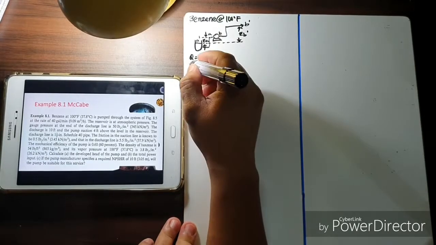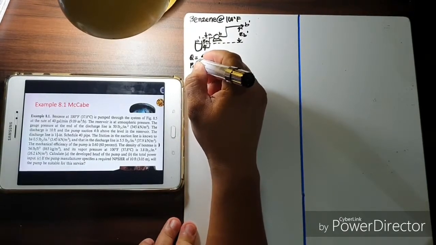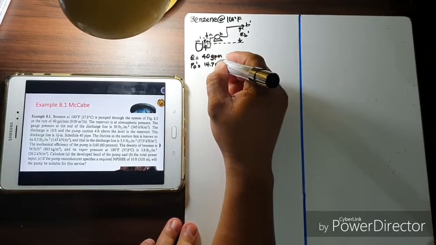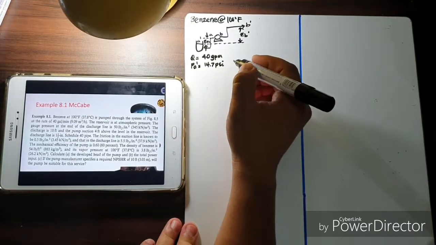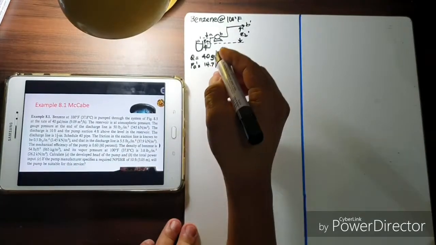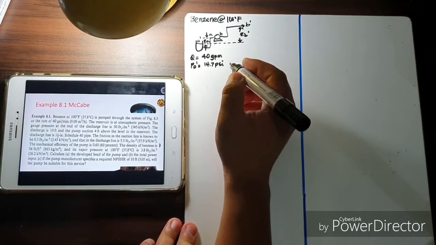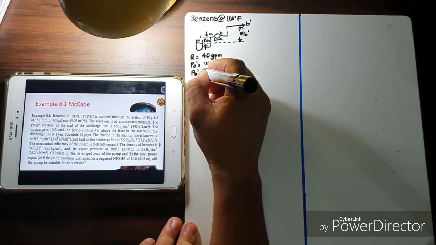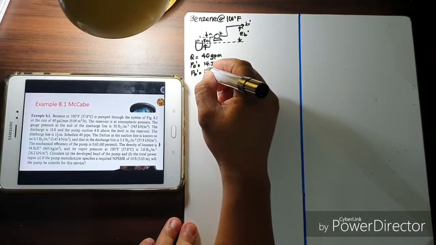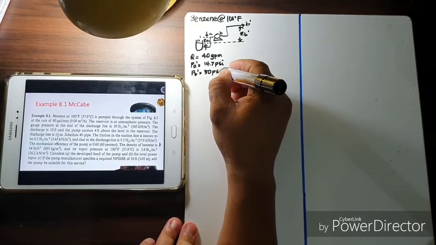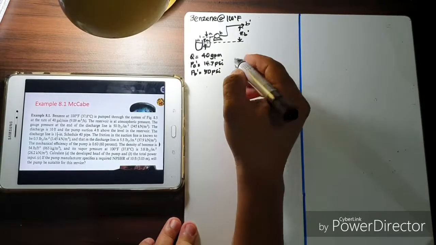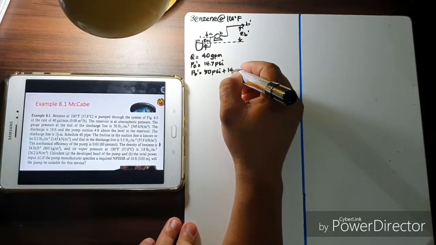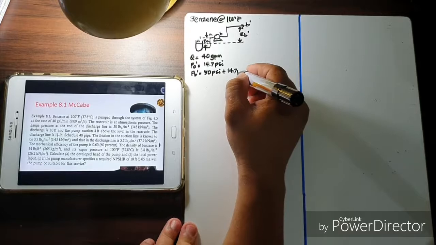The reservoir is with a pressure of 14.7 PSI. The gauge pressure at the end of the discharge line, or P B prime, is equivalent to 50 PSI. Now, to make this absolute, kasi gauge lang siya, we have to add 14.7 PSI to it.